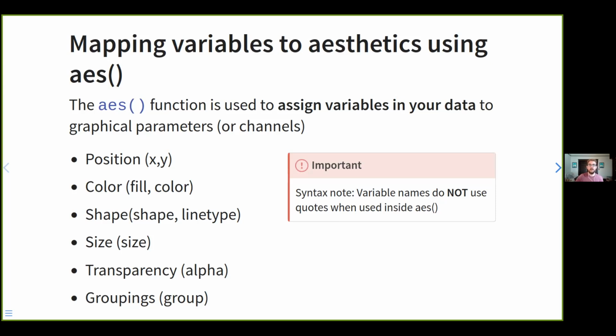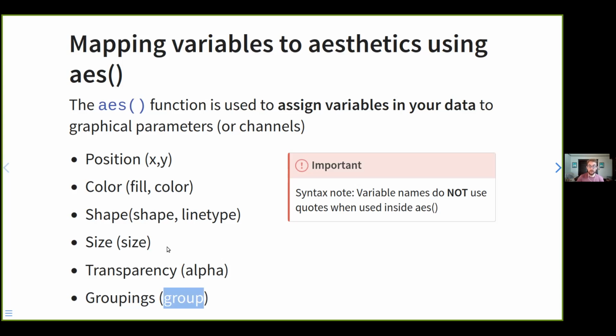There's a difference between fill and color. Keep those in mind. Fill refers to anything that's sort of an area. Color refers to often line colors. Shape, line type, size, transparency, you use the word alpha to use that, just something you have to remember, a quirk of ggplot.